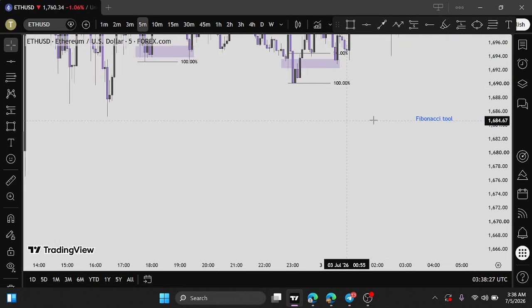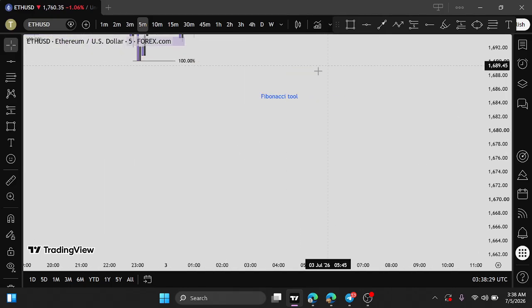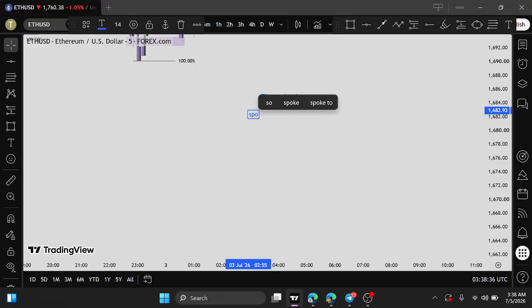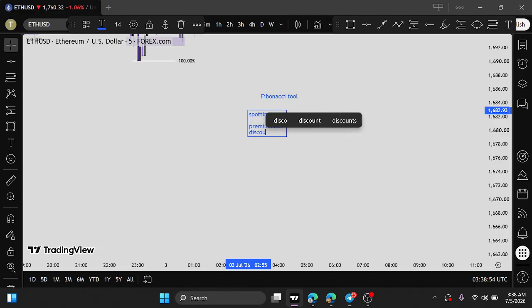What are the two things that I mentioned about Fibonacci? First thing about Fibonacci is spotting premium and discount zone.